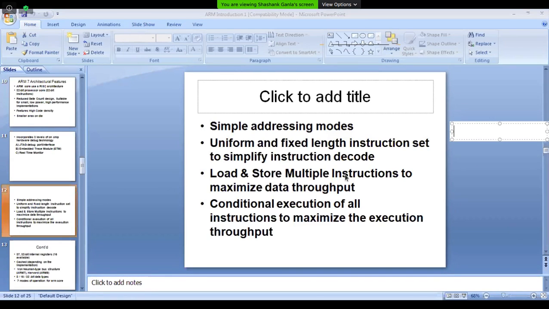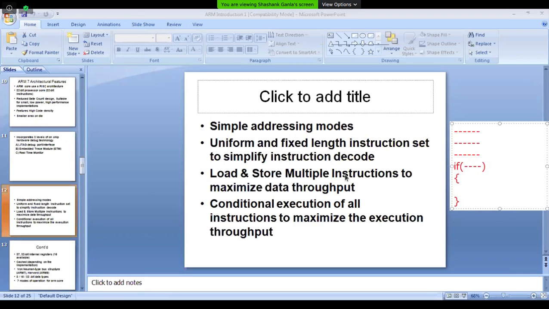Let us take that this is one instruction, this is another instruction, and this is another instruction. This is an if condition. I'm trying to explain this using C language format.